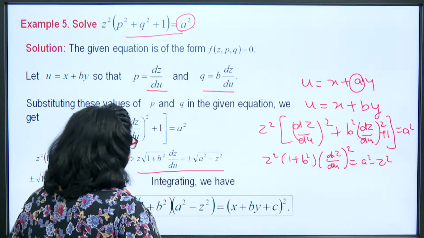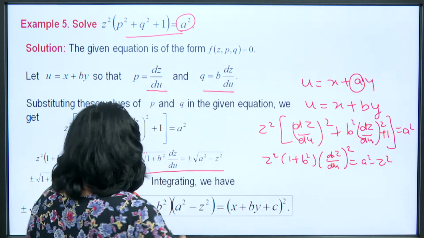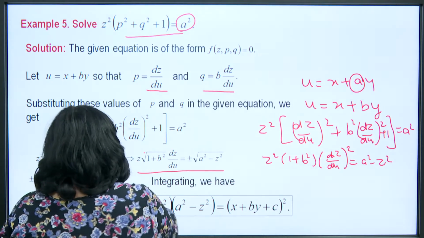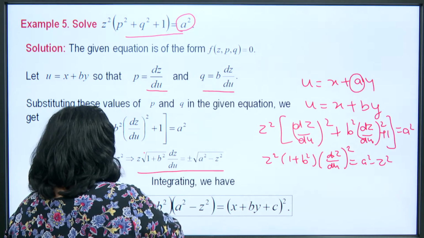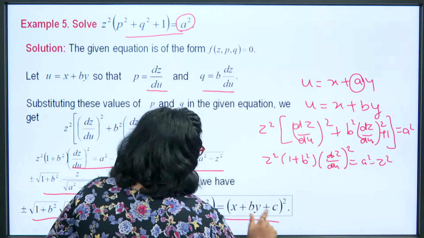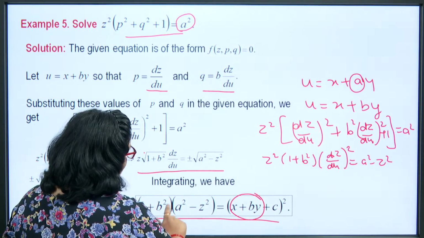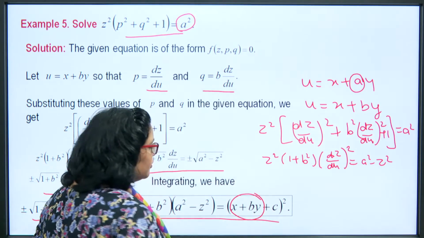After taking the square root, sqrt(1 + b square) z dz/du = plus minus sqrt(a square - z square). We separate the z variables on one side and the u variables on the other side, and integrating, we get plus minus sqrt(1 + b square) sqrt(a square - z square) = u + c. Putting the value u = x + by, we have (1 + b square)(a square - z square) = (x + by + c)^2.